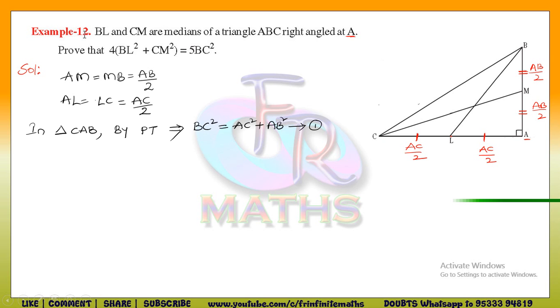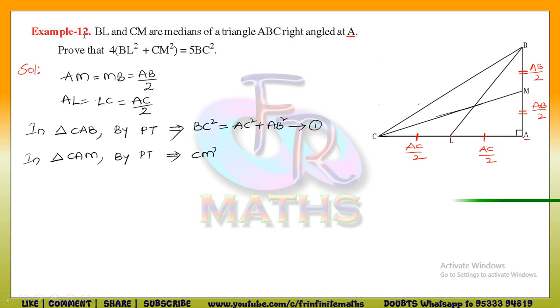Next, we have 2 more right angle triangles, so following one by one. In triangle CAM, names are also somewhat familiar. Here in triangle CAM, by Pythagoras theorem, what I can say? What is the hypotenuse? CM is the hypotenuse.